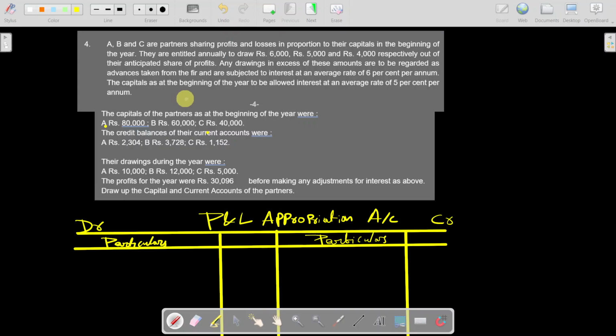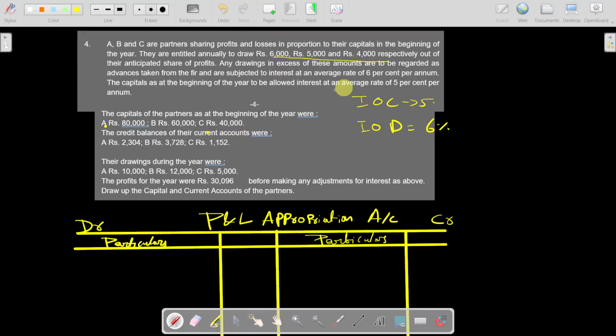The capitals as at the beginning of the year are to be allowed interest at an average of 5% per annum. So interest on capital will be 5% and interest on drawings will be 6% per annum. Actually, this will be considered as a loan if they are taking more than these three amounts, right? The capitals of the partners as at the beginning of the year are 80,000, 60,000, 40,000.